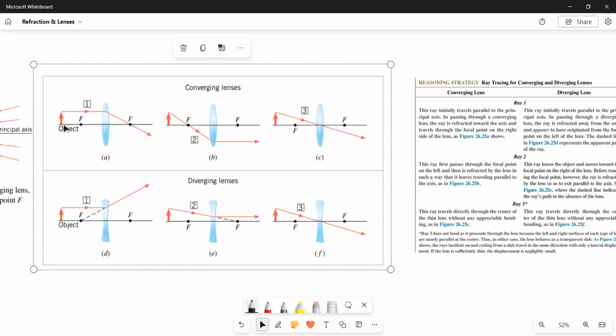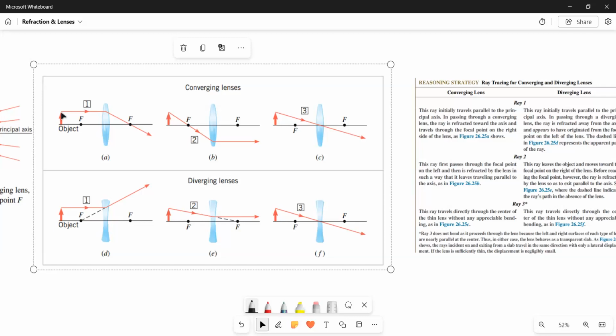Notice that the object in this case is a little further than the focal point, right? And in your own time, I want you to try when the object is between the focal point and the center, between the focal point and two times the focal point, and even beyond. So how do you draw the ray diagram?